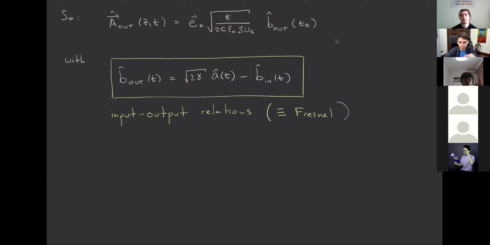As you are going to see now, this operator satisfies canonical commutation relations. It's actually an annihilation operator, and it's this combination and not any other. If you divide by square root of 2, then this is not an annihilation operator. That we will see in a second.